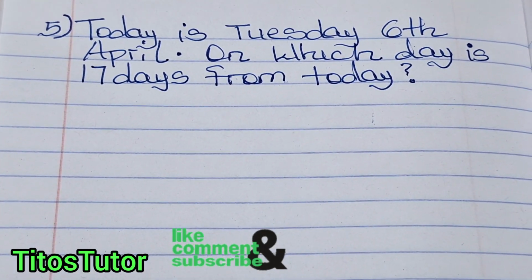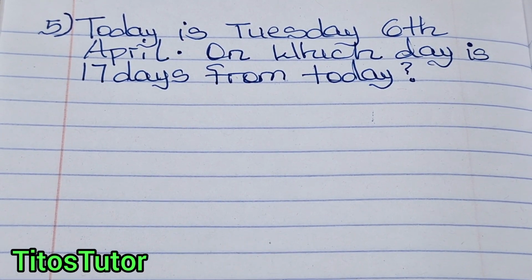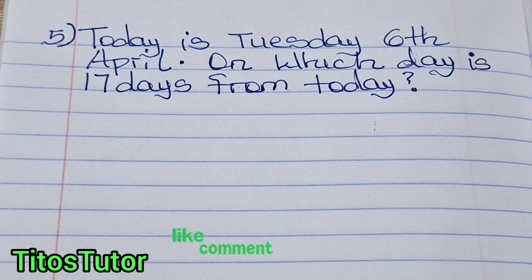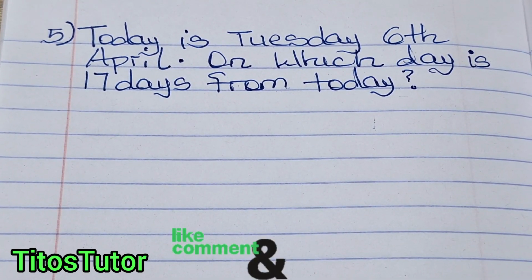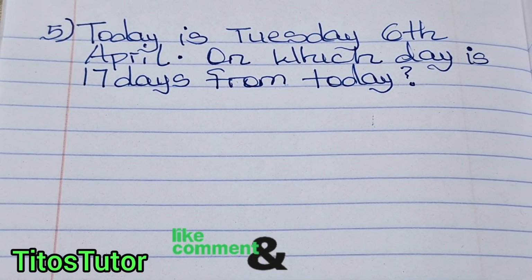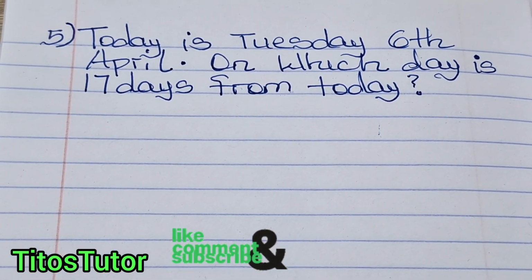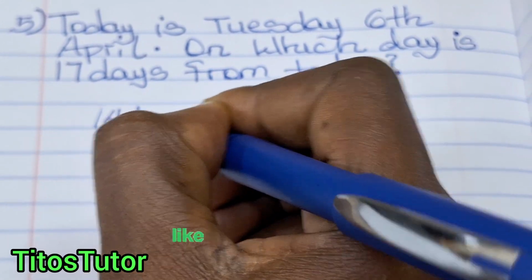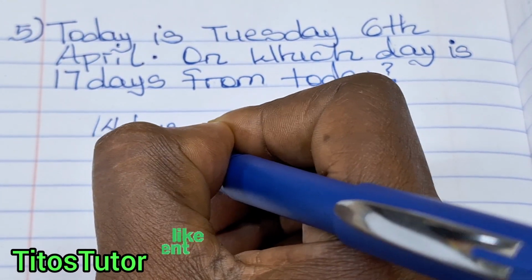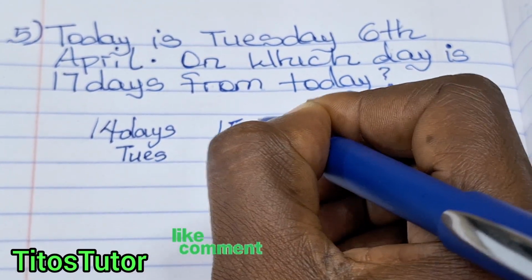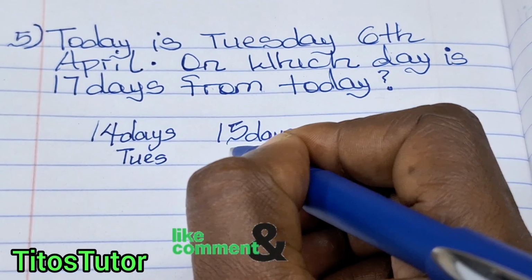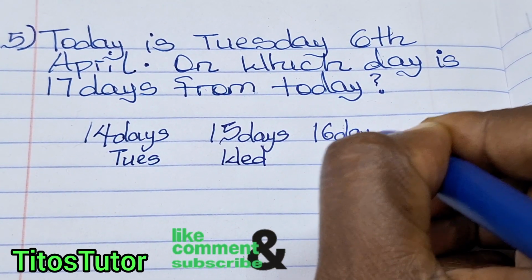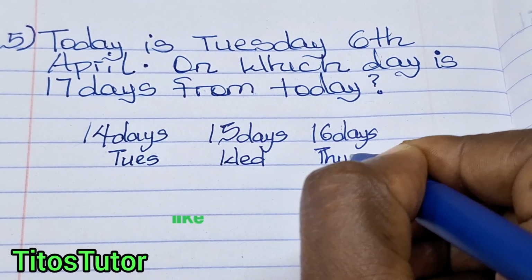7 is farther than 17, while 14 is closer to 17. So all you need to do is count in sevens and get a multiple of 7 that is closer to 17. So you can just count the remaining days, because multiples of 7 will be Tuesdays all the time. Okay, so let's go. 14 days from today, it will be a Tuesday. 15 days from today, it will be a Wednesday. 16 days from today, it will be a Thursday.